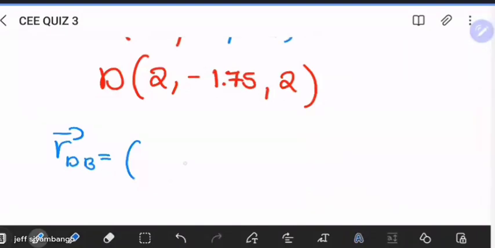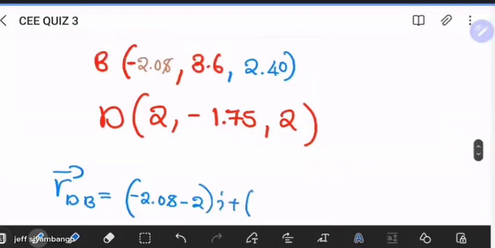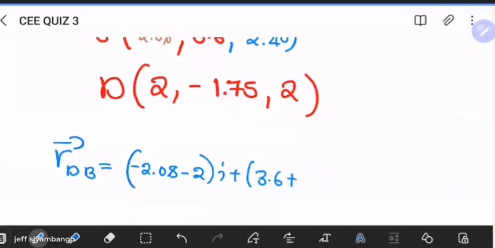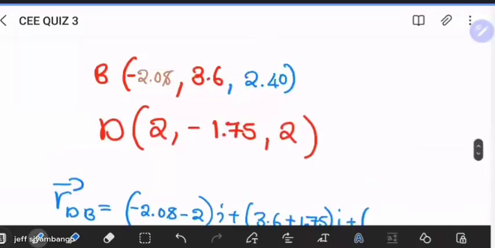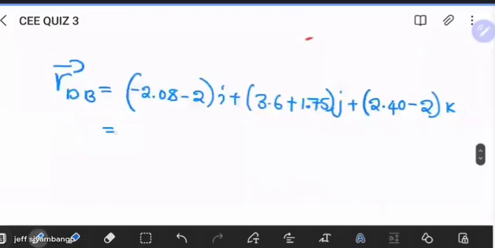So it will be B, which is minus 2.08, minus 2, in the i direction, plus 3.6 minus negative, so the negative makes it plus 1.75 in the j direction, then plus 2.4 minus 2. What will be the solution for the first part?